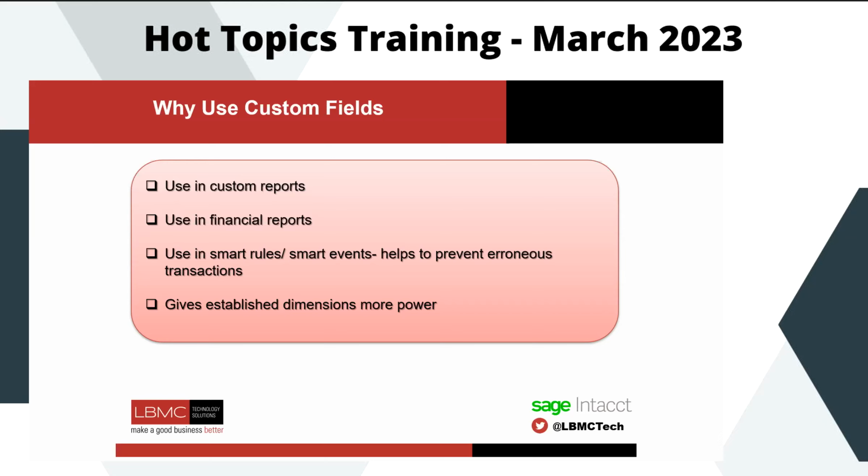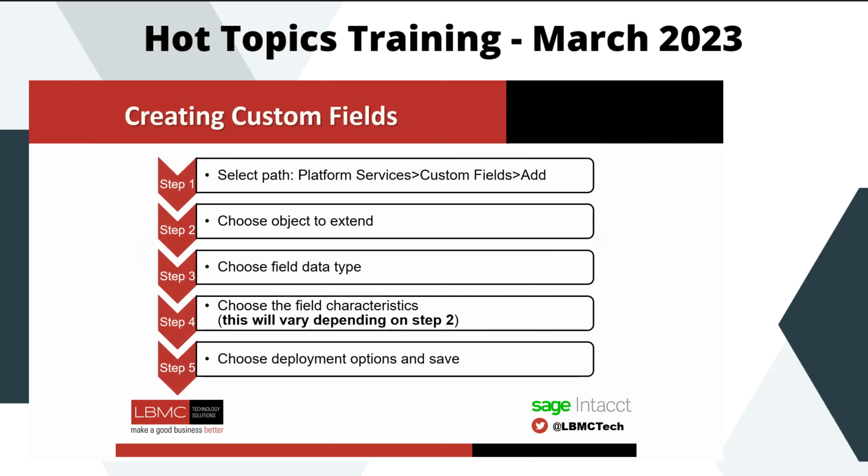Now you may wonder how to create custom fields. Well, it's an easy step process. First, you will select your path, which I've shown you within Platform Services, custom fields, and then you will go ahead and add. You would choose your object to extend. Object, like I said, can be anything within Sage Intacct, things like invoices, AP bills, customer types, and different uses.